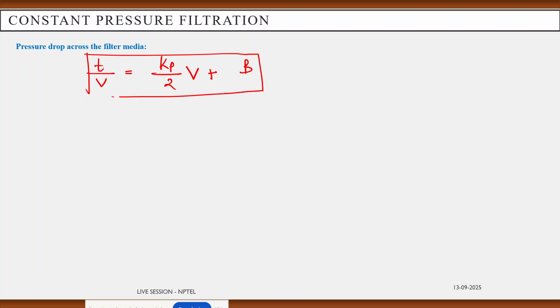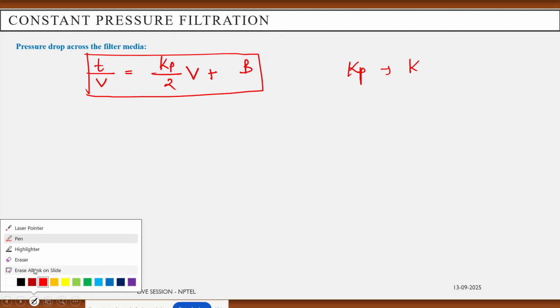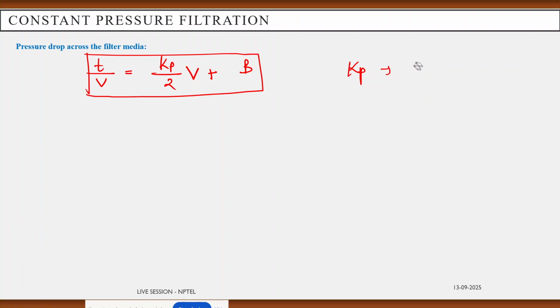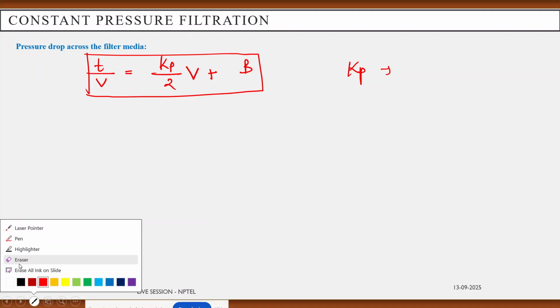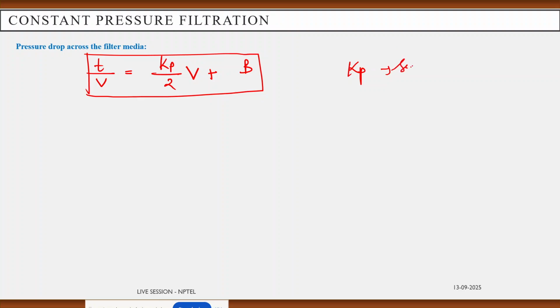So this is a very important equation for the constant pressure filtration process, where Kp has the unit of second per meter cube and B has the unit of second per meter cube.